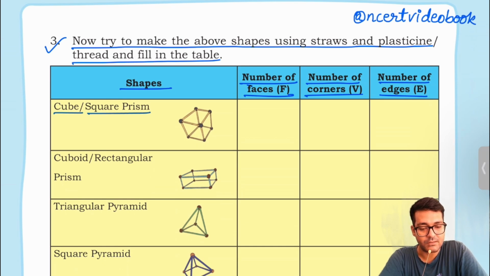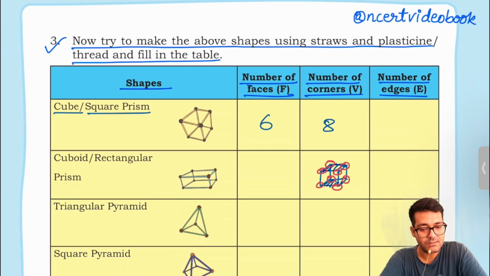Cube or square prism. If you observe a cube carefully, you will note that it has 6 faces. One at the top, one at the bottom, one in front, one in back, one on the left and one on the right. 6 faces. Number of corners: 1, 2, 3, 4, 4 sharing the top face and 4 sharing the bottom face. That is 4 plus 4, 8 vertices or corners.